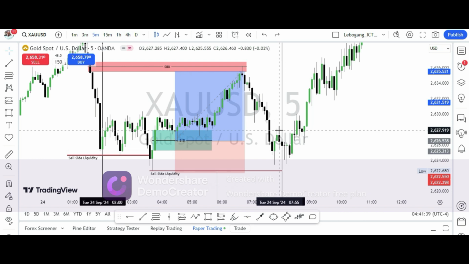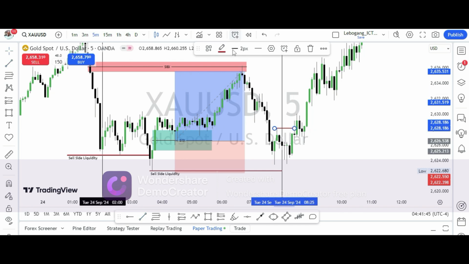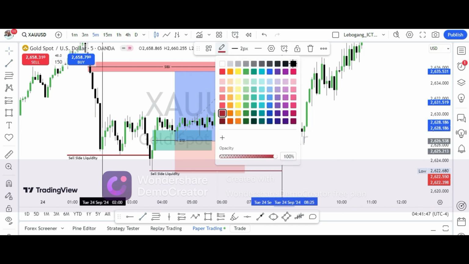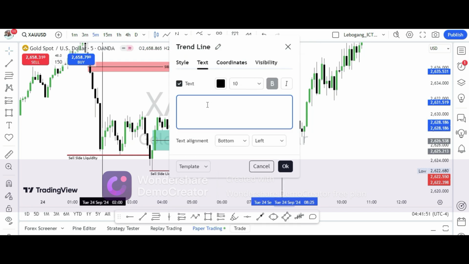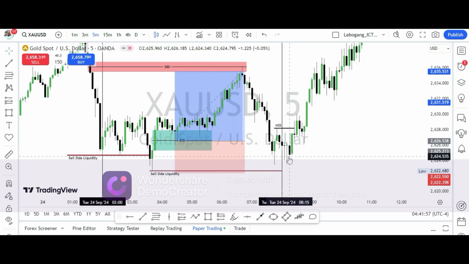And then here we're going to measure our recent high that we expected price to take. Here is the high, shifting market structure, 1, 2, 3 to the displacement.